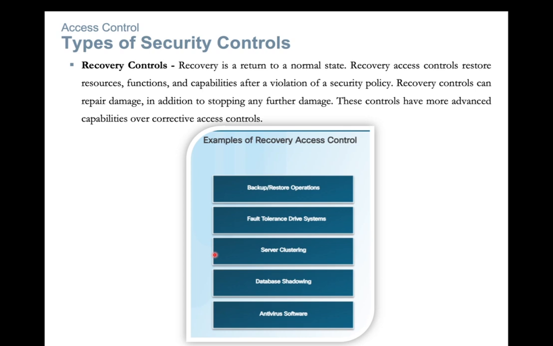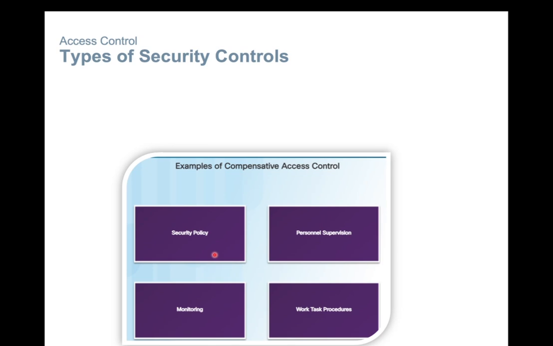Then another one is compensative controls, another security measure. Compensate means to make up for something, right? Compensative access control provides options to other controls to bolster enforcement in support of a security policy. A compensative control can also be a substitution used in place of a control that is not possible under the circumstances.